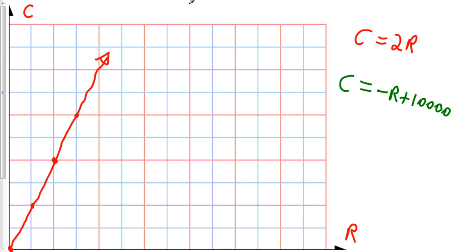So for the first equation, the one I drew in red, the slope, remember, was 2, and the y-intercept was the point 0, 0. That's how I got that red boundary line, and I'm going to shade above that red boundary line. This new one has a slope of -1 and a y-intercept 0, 10,000.